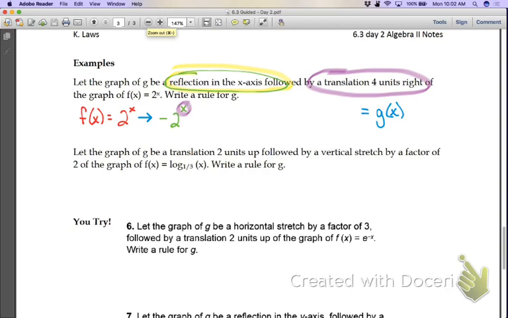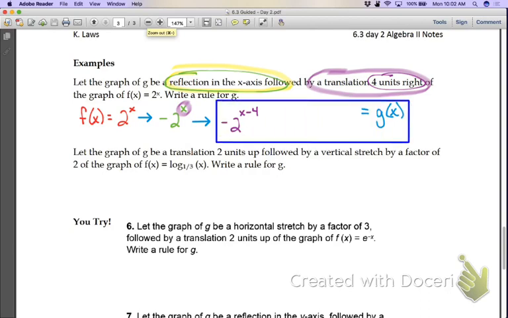So how am I going to write a horizontal translation of 4 units to the right? If it's going to the right, say it louder. x minus 4. So I'm going to have negative 2 to the x minus 4 power. Is there anything else that I'm doing? No. So then my new function is just this right here.